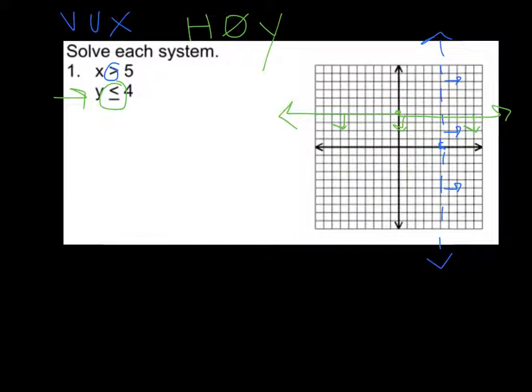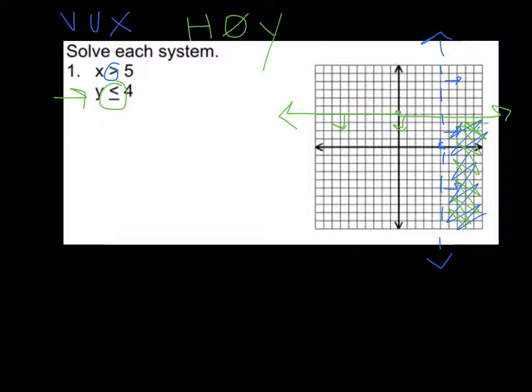Now, in order to be a solution of the system, I'm only looking at where that shading would overlap. Notice right here, this rectangular portion that's showing in my coordinate plane is the only place that would be shaded both green and blue. So when I shade, my solution is only the things that fall in the green and blue area of the inequality.